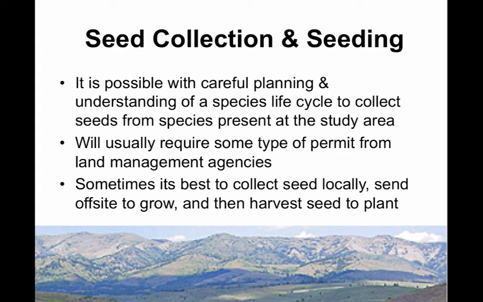When we think about elevation and moving species from a lower elevation to a higher elevation and vice versa, those things can also influence how successful a species is going to be as part of a restoration. And so you really want to understand the life cycle and be careful about where you select the seed that you're going to use as part of your restoration plan.